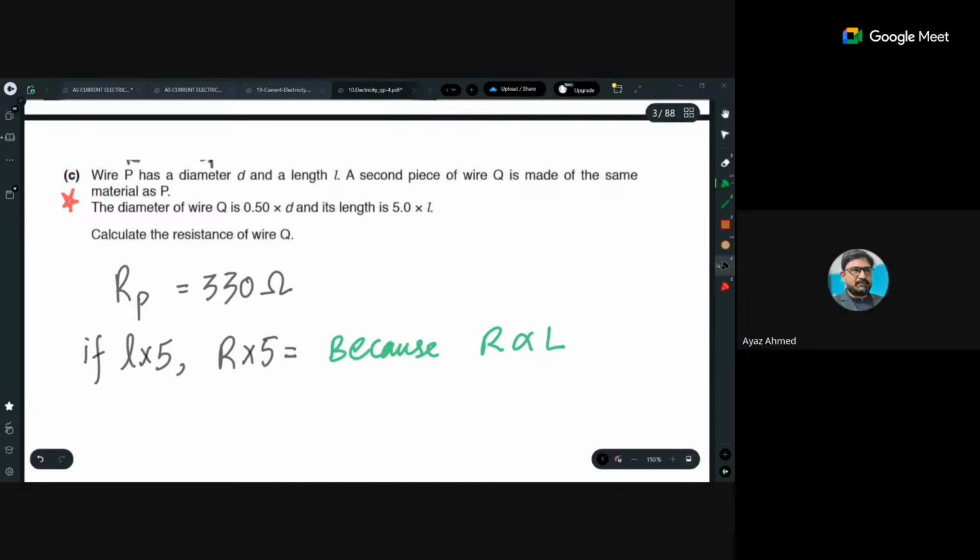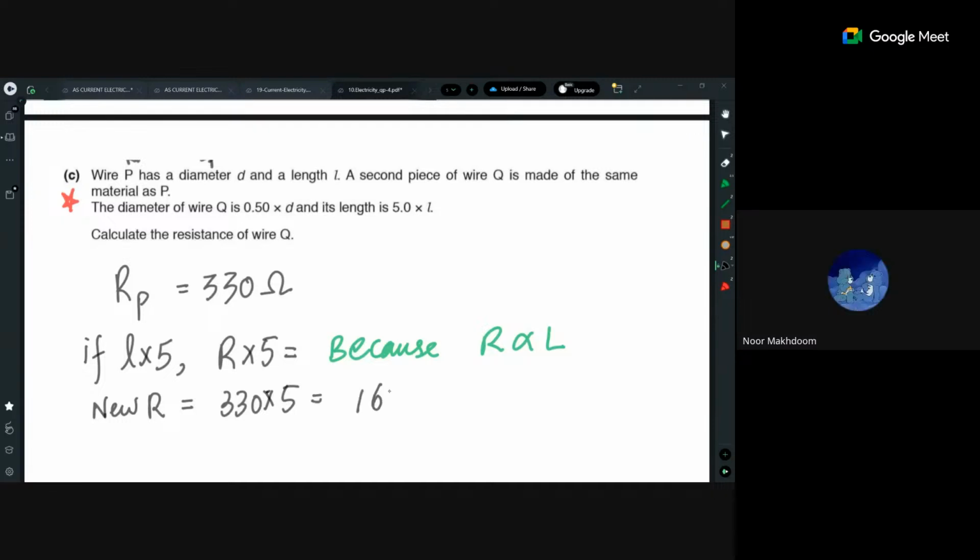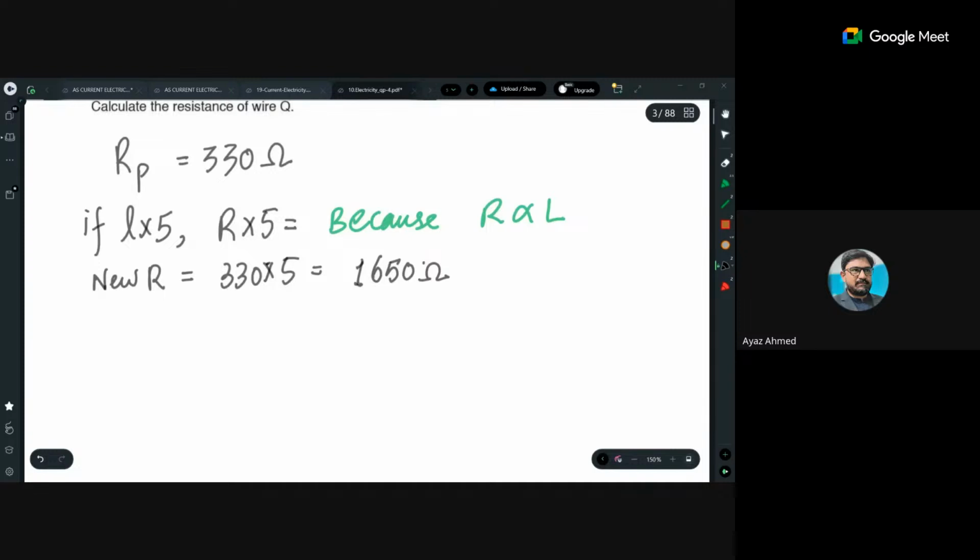And the new resistance will be 330 times 5. So what would be the answer? 1650. This is the increase in the resistance due to length. I'm going to mention this as the new resistance due to length. So when the length has been increased, the resistance has this impact.